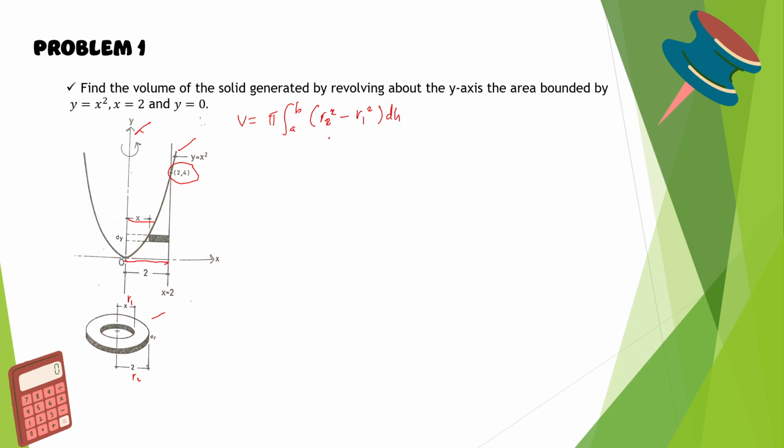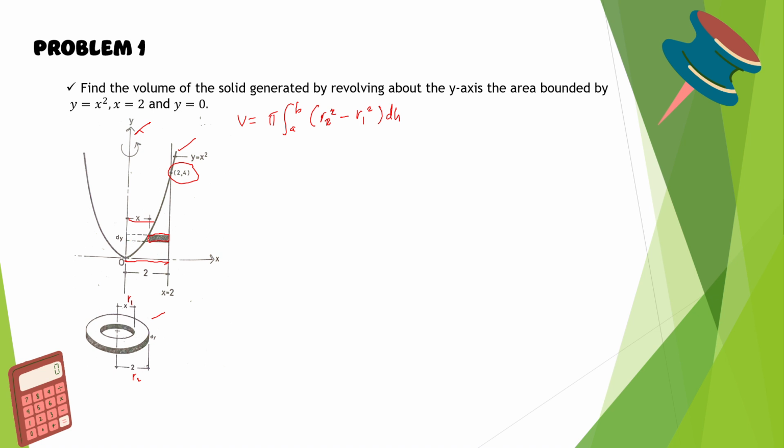Our function here uses horizontal stripping, so the change is in dy; we're going to cut by dy through this one.